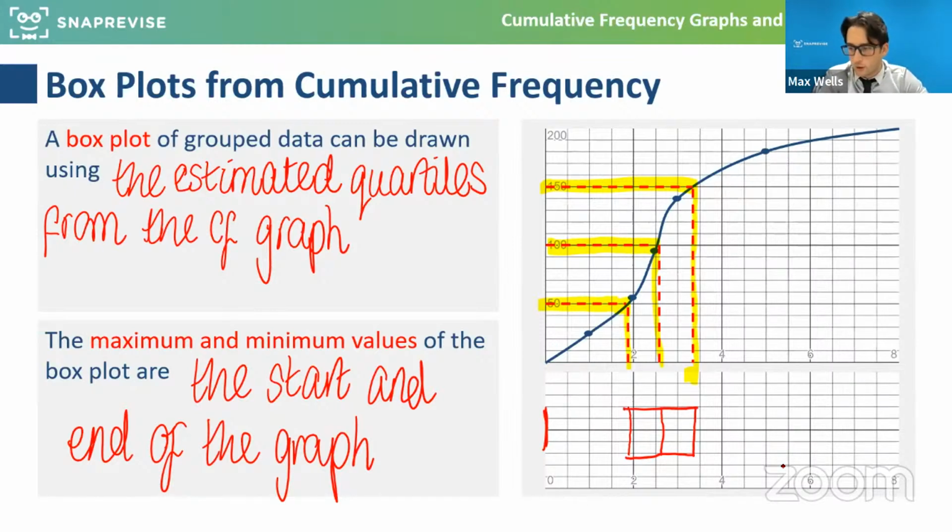And then drawing the box plot in place. That's it. So that should hopefully be fairly recognizable.